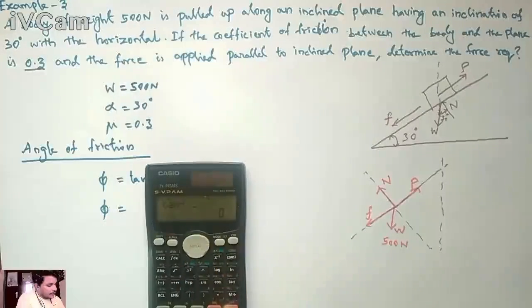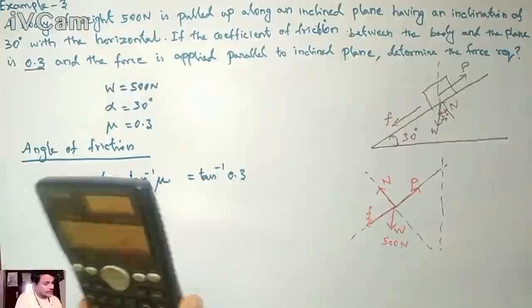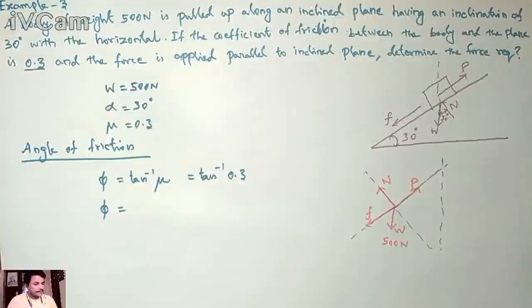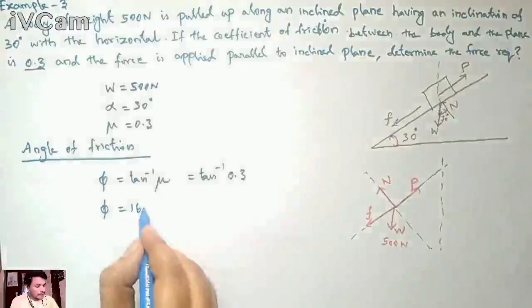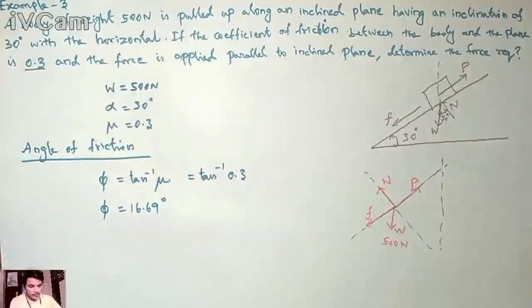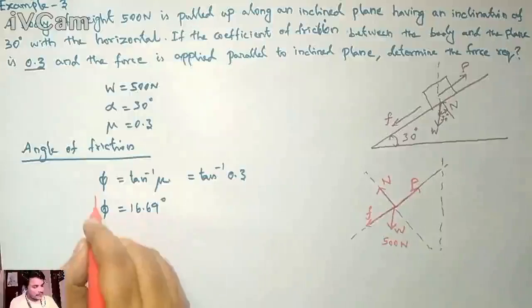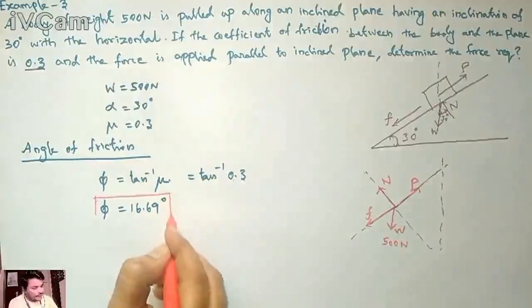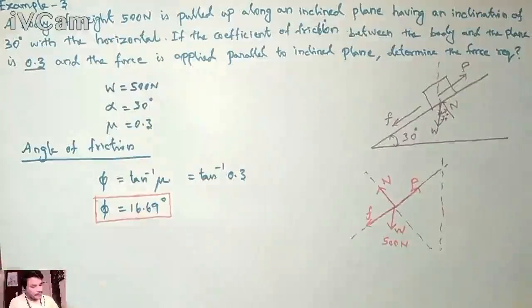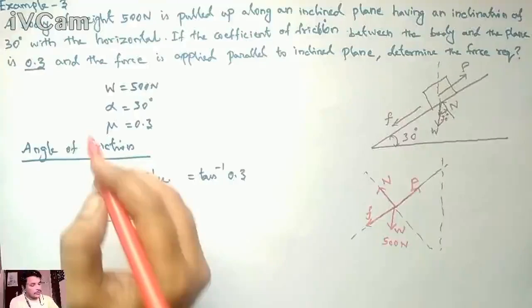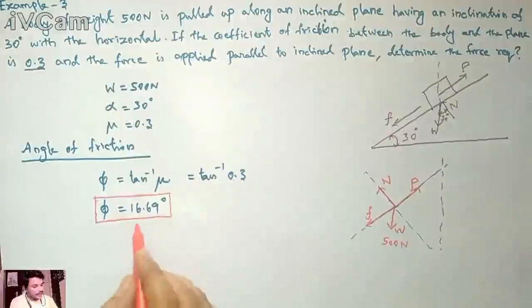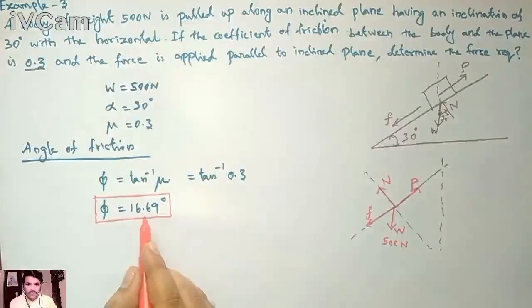Tan inverse of 0.3 gives 16.69 degrees. So this is phi, that is the angle of friction. Alpha is the angle of inclination and phi is the angle of friction.